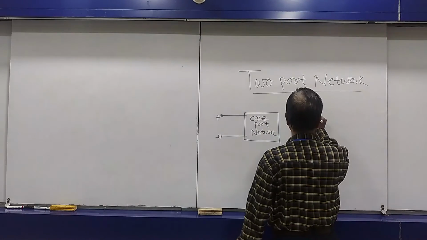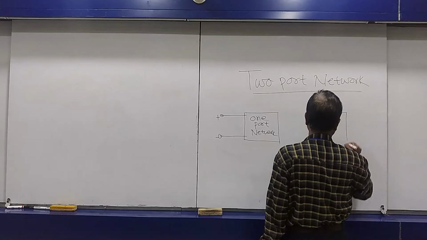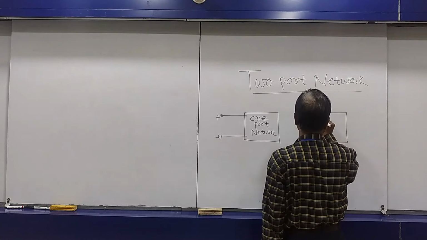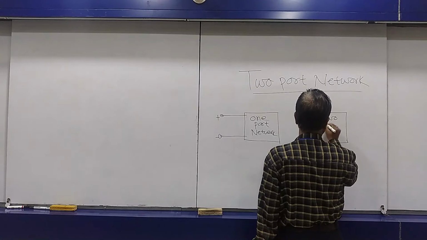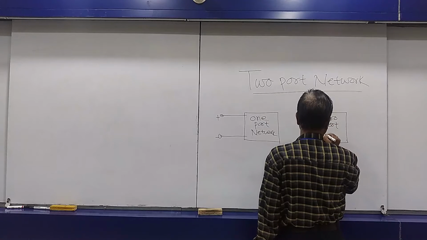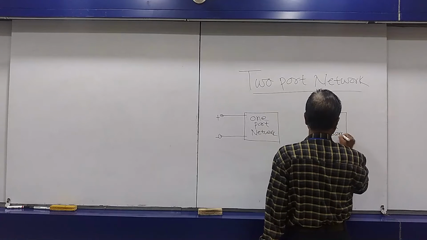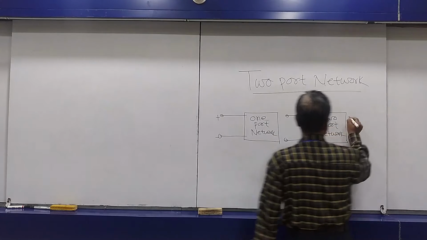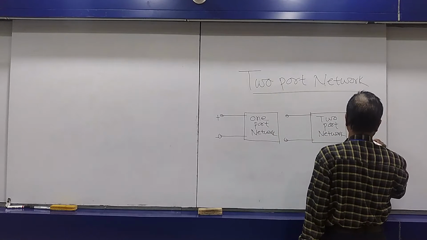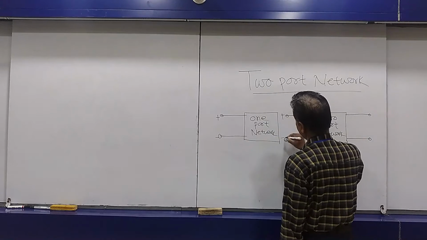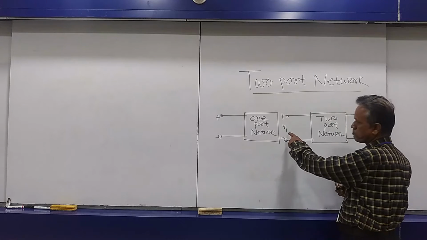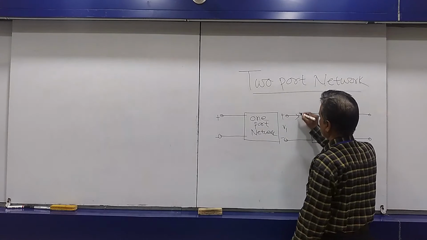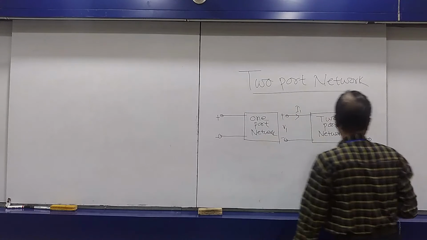Similarly, in case of a two-port network, here the network is there, a two-port network which has two pairs of terminals. One is called the input port, which has voltage V1 and current I1.